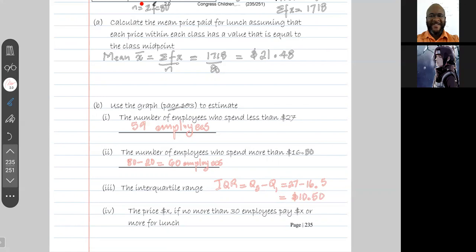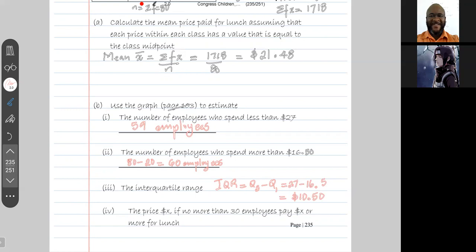Here it is now. This says we need to find out what is the price X if no more than 30 employees pay X dollars or more for lunch.